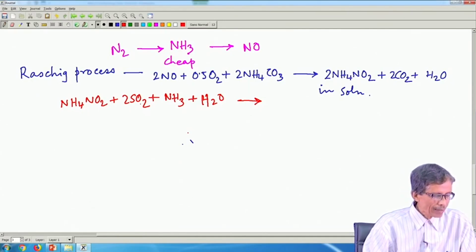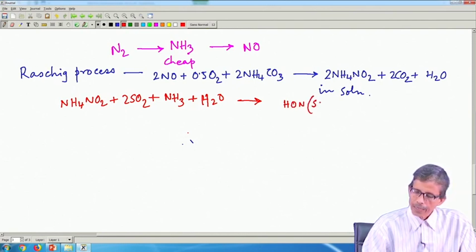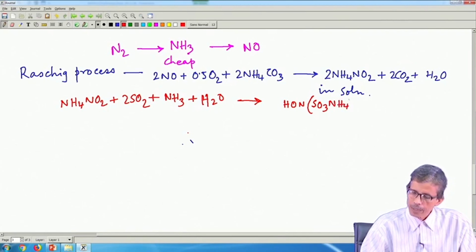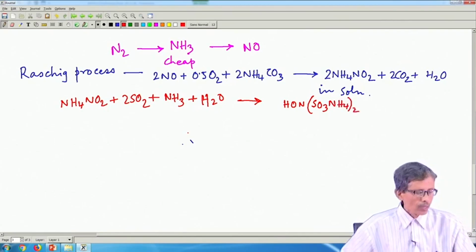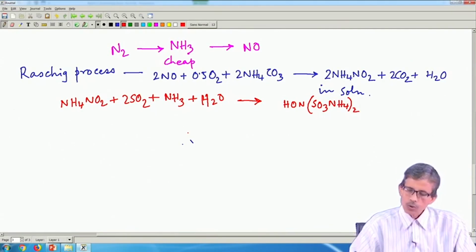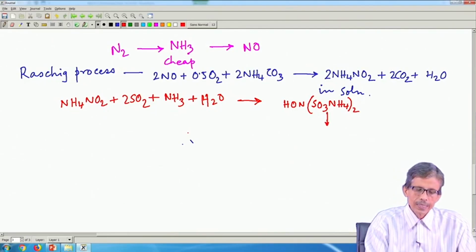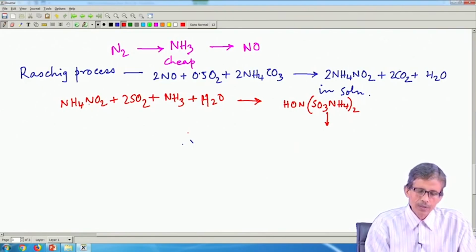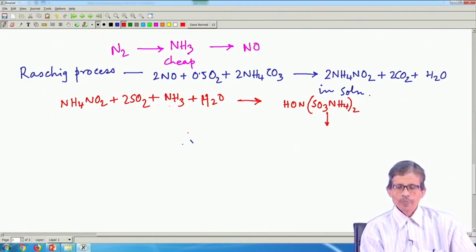So, what we get as the intermediate is HON(SO3)2 with NH4, a type of thing. So, this particular production is directly related to the reaction of nitrite, sulfur dioxide and ammonia.